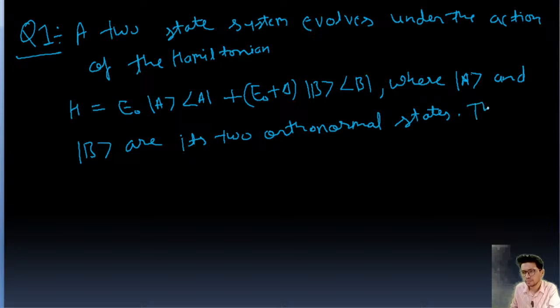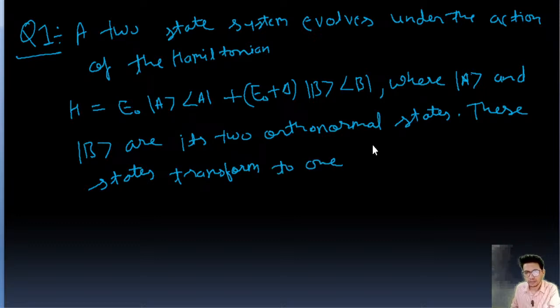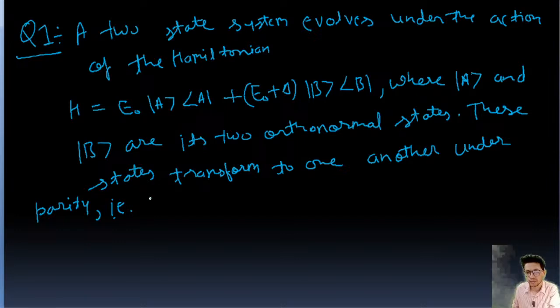These states transform to one another under parity, that is, P when it operates on A becomes state B, and parity P when it operates on state B becomes state A.